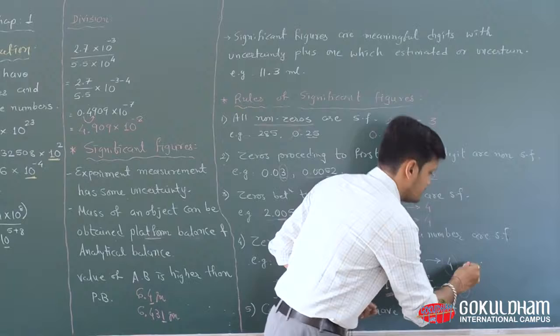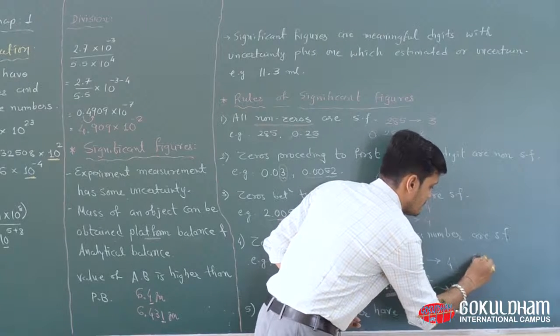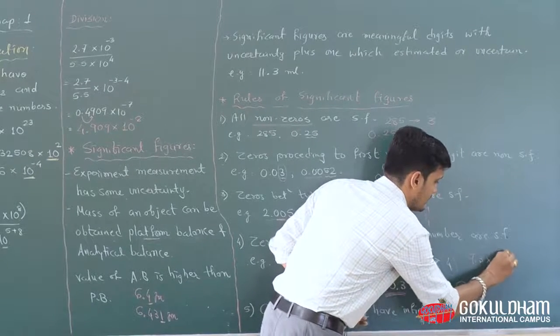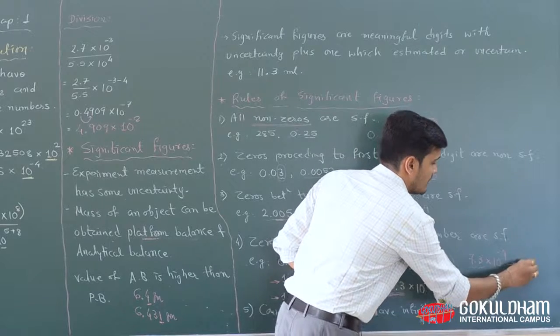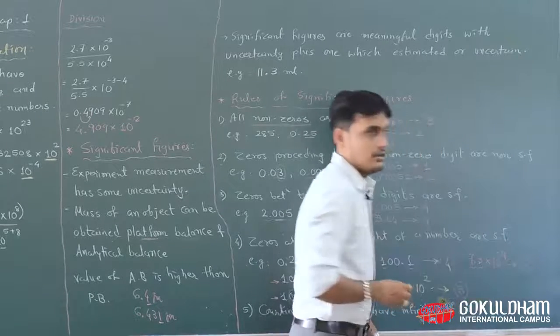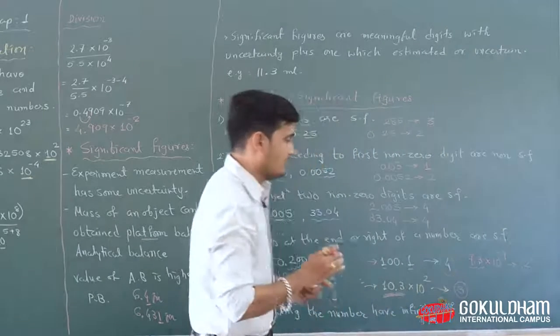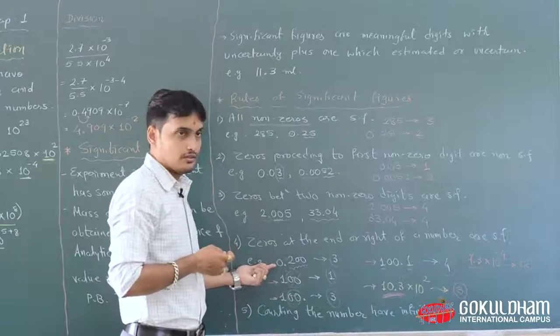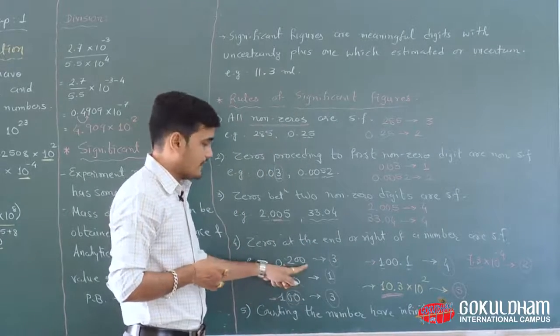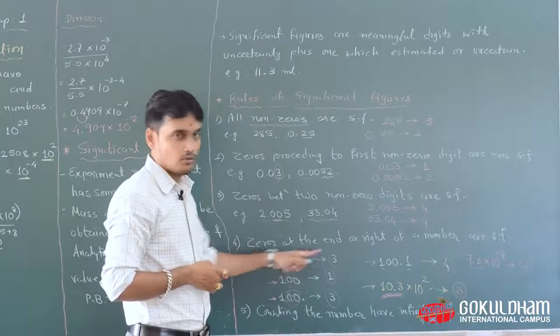Another example, 7.3 into 10 raised to minus 4. So this 7.3 is known as 2 significant figures. You have to keep in mind that in this fourth rule, especially, without decimal points you have to count all the digits.